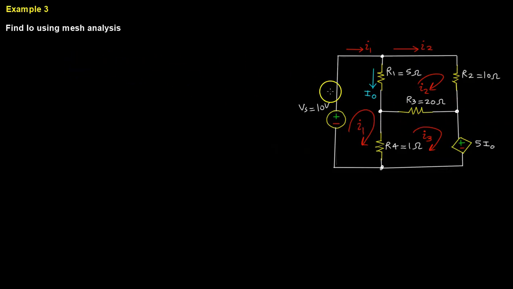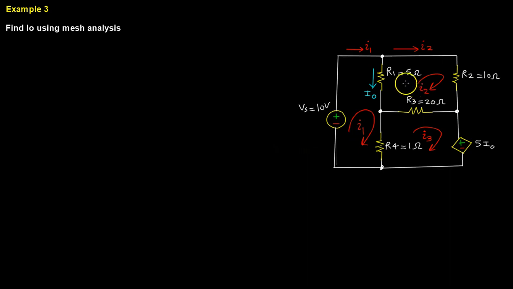So let's review what we need to know and apply to the mesh analysis problem. We know that we can use clockwise or counterclockwise currents so long as we're consistent with all of the consequences that follow.